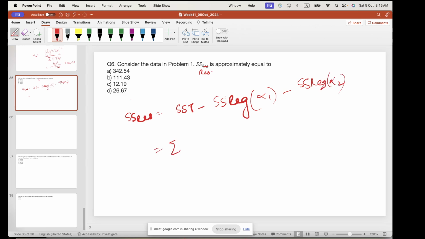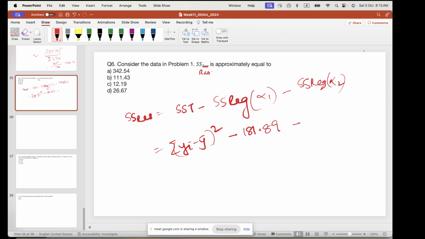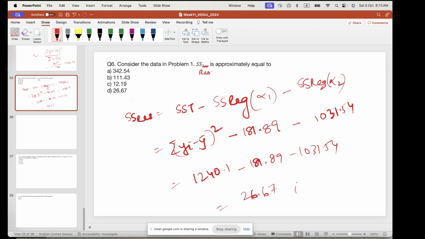Okay, so this is summation (yi minus y bar) whole square, minus 181.89, minus 1031.54. If you calculate, this will come out as 1240.1 minus 181.89 minus 1031.54. This comes to be 26.67, and that's the answer.